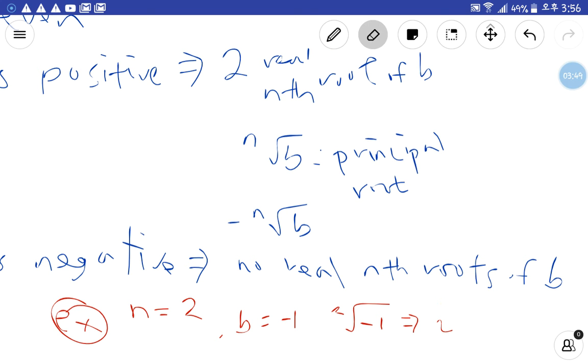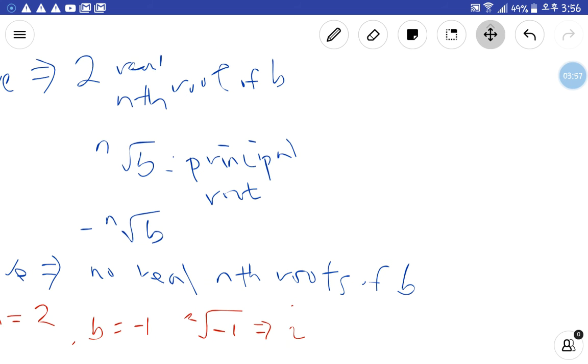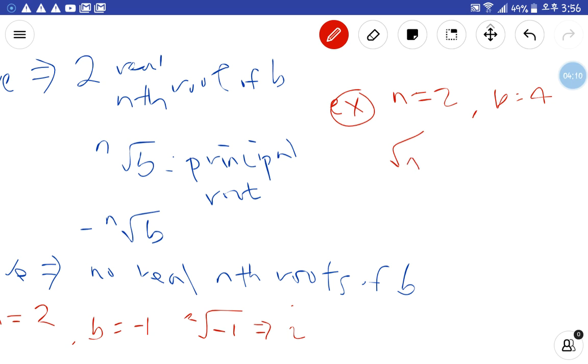But like I said, take an example like this. Same n is 2, and let's say your b is 4 this time. Then the square root of 4.